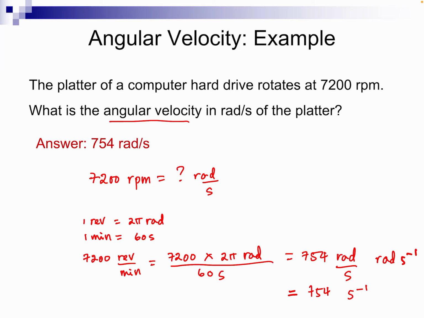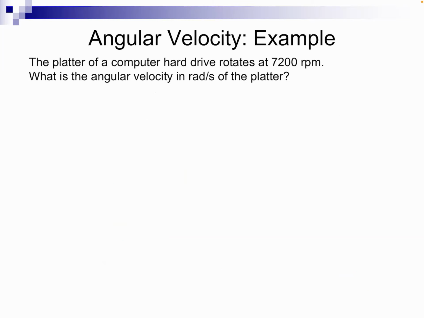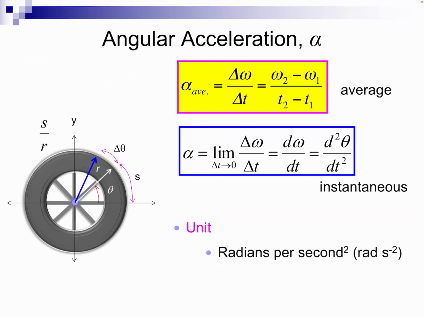Cool. All right, so that's angular velocity. So we've defined now angular displacement, delta theta, how the angle changes, and then angular velocity, delta theta over time, how theta changes over time. Now, angular acceleration.